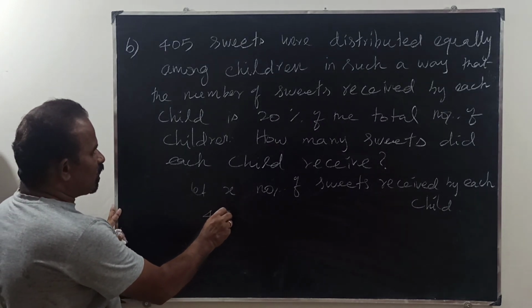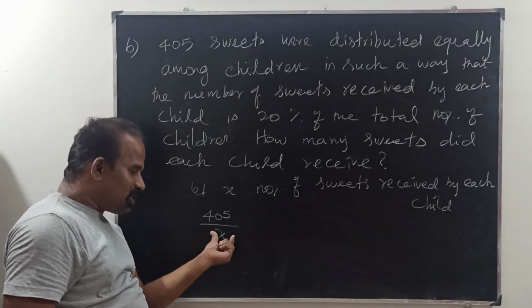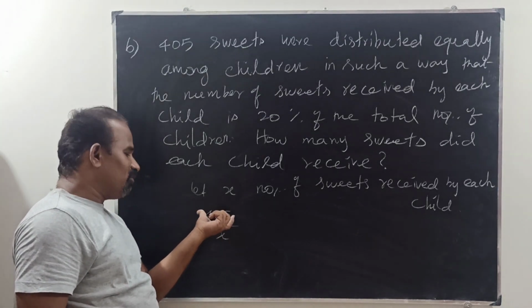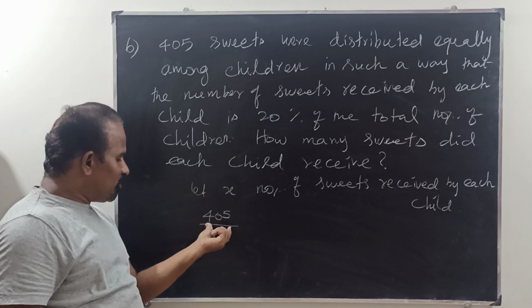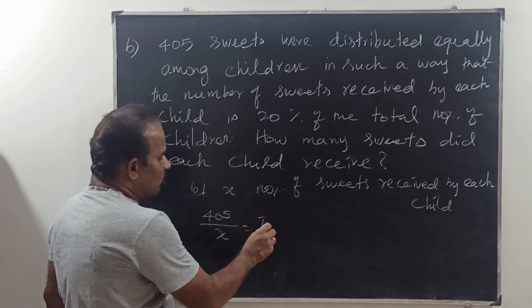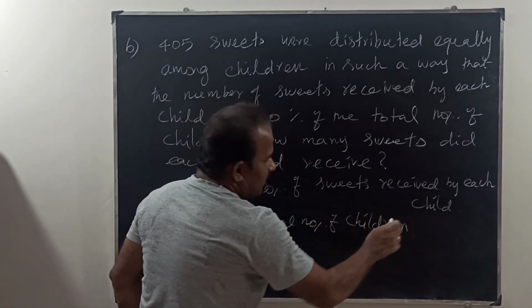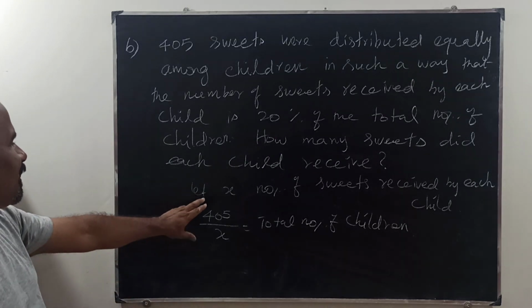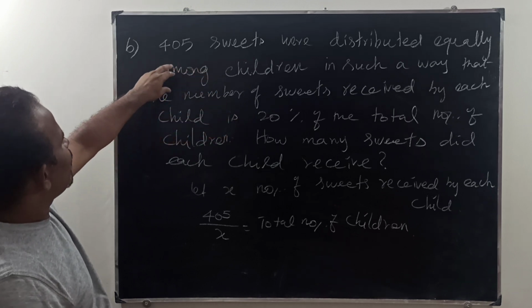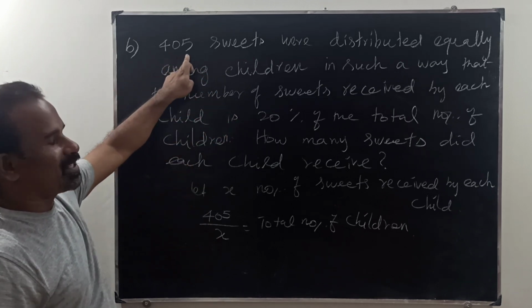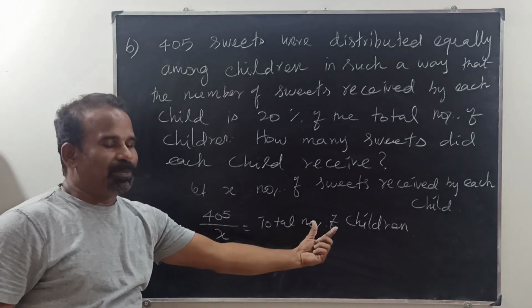Therefore 405 divided by x is equal to the total number of children.